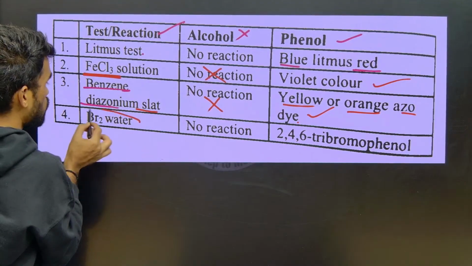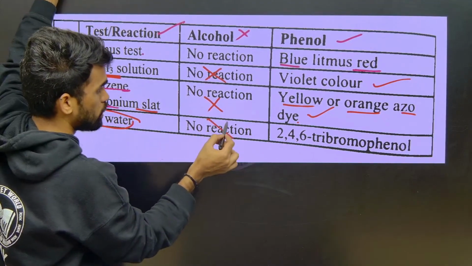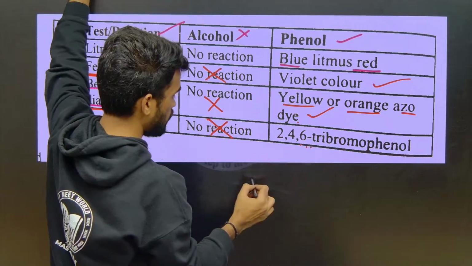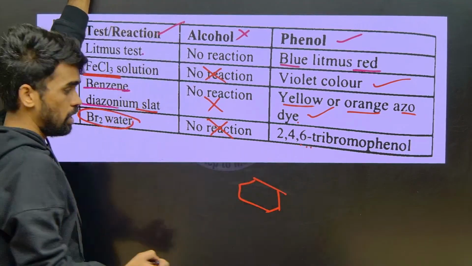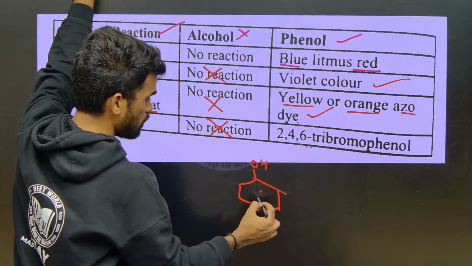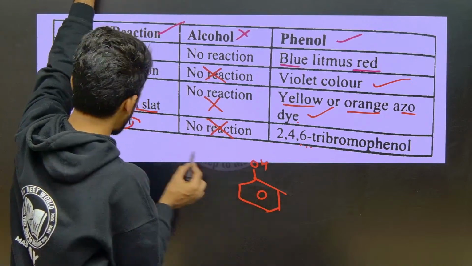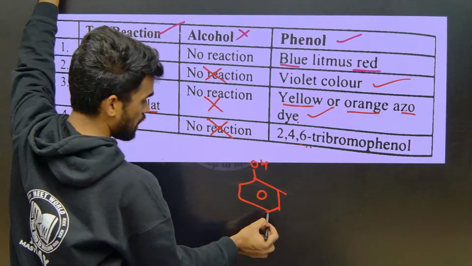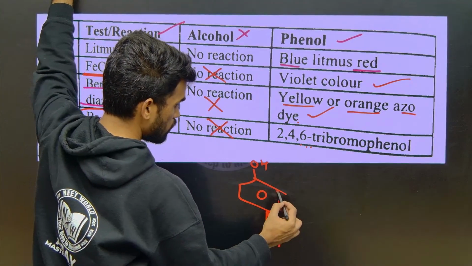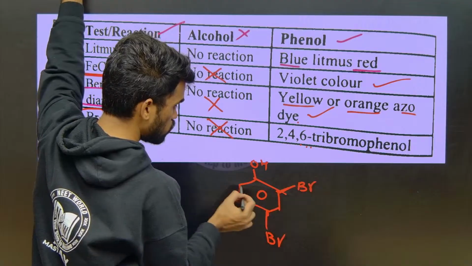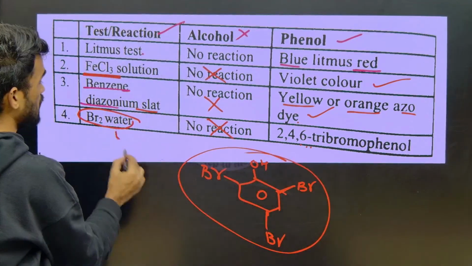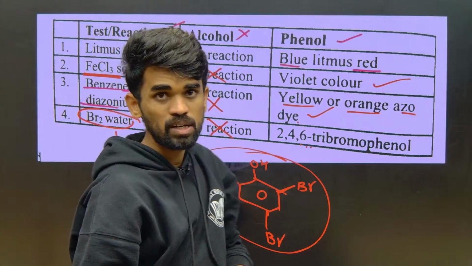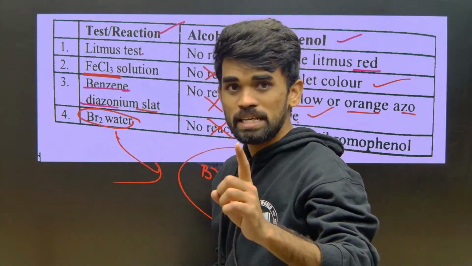Next, with bromine water, alcohols show no reaction, but phenol forms 2,4,6-tribromophenol. If this is a phenol, upon treating with bromine water you will get bromine over here at para, and at the two ortho positions. This is the product formed when phenol is treated with bromine water. Hope it is also clear.